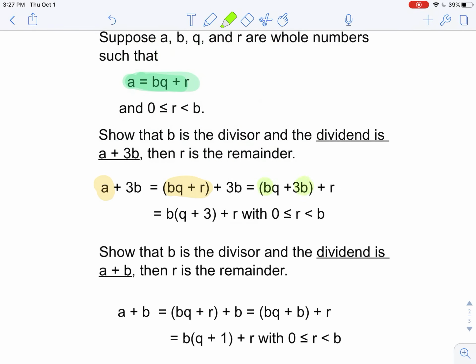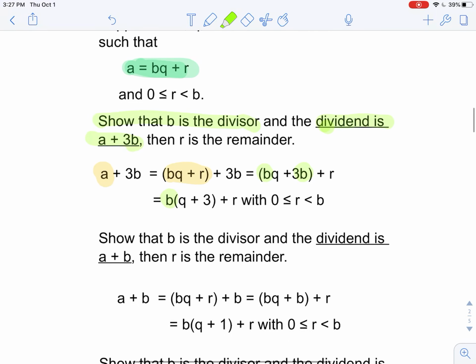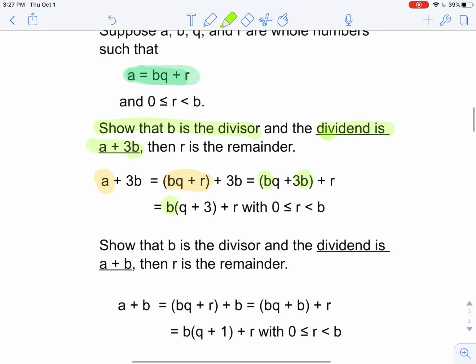So now I've got this b that I can factor out and say b times the quantity of q plus 3. Thus, I've shown that b is the divisor and the dividend is a plus 3b.